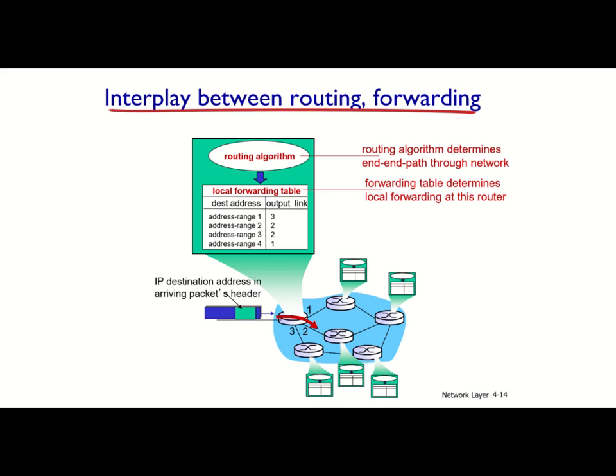Obviously, routing algorithms are the ones that fill out the local forwarding tables for each router. So after routing algorithms fill out the local forwarding tables for all of these routers, the routers can do forwarding, and working as a group, they can do the process of routing packets and datagrams through the best path possible.